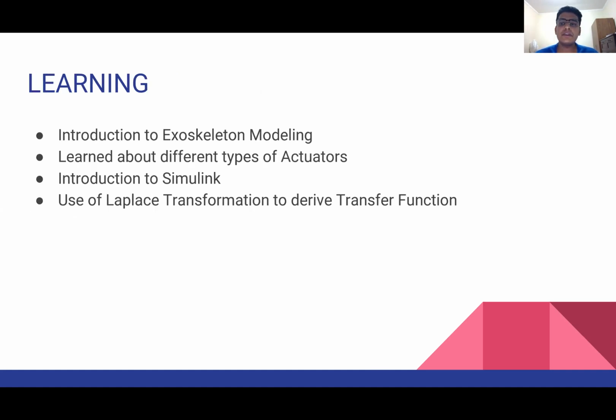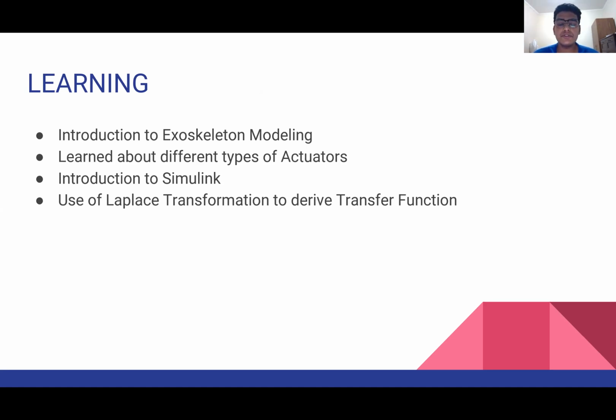Some of the things that I learned from this course. First thing I learned about is exoskeleton modeling, which I was very interested in before registering for this course, because I was really curious about robotics, and this is one of the courses which is an introduction to robotic science.